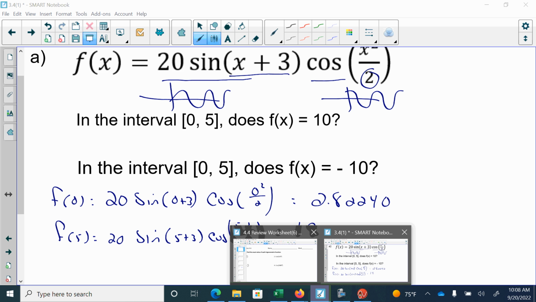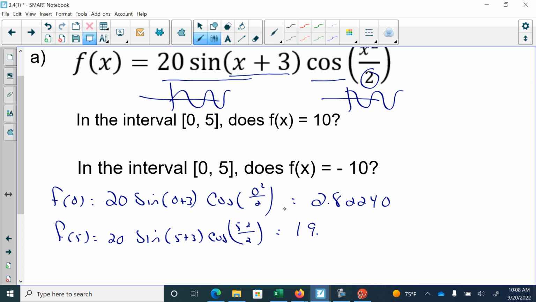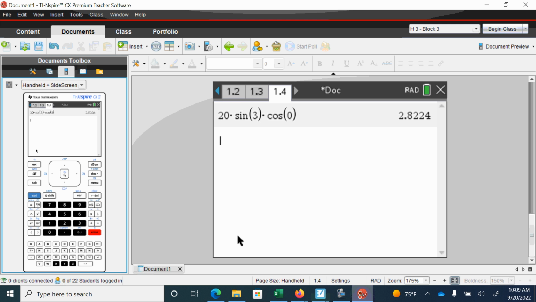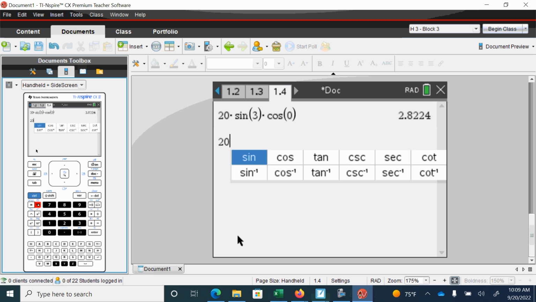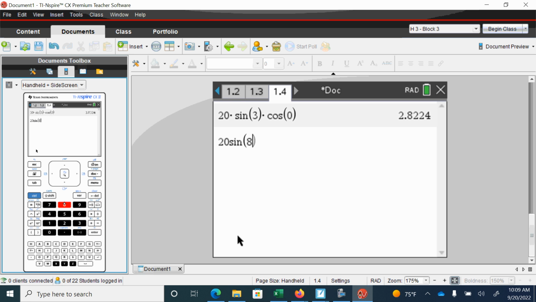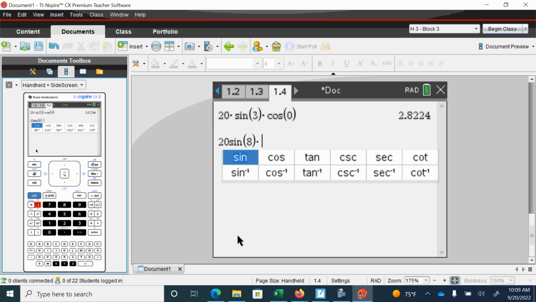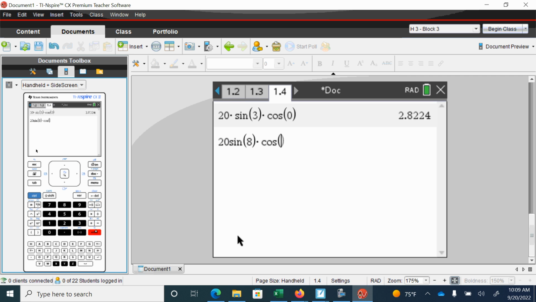I'm checking your results. Sine, that's 8, right? Times the cosine. I'm making it 25. Are you good with that? 25 over 2?